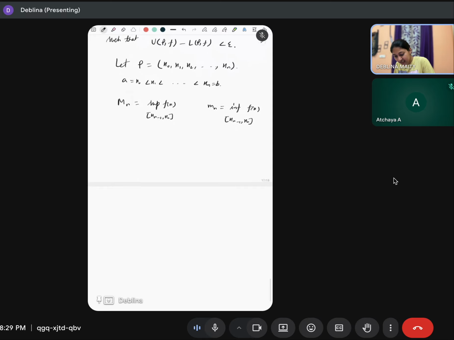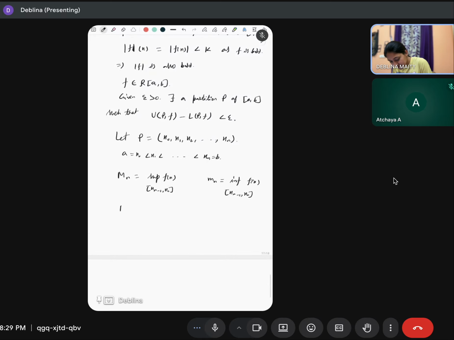And let capital M_r dash be the supremum of mod f(x), this function, in this interval, and small m_r dash is the infimum of this function mod f(x) in this interval.